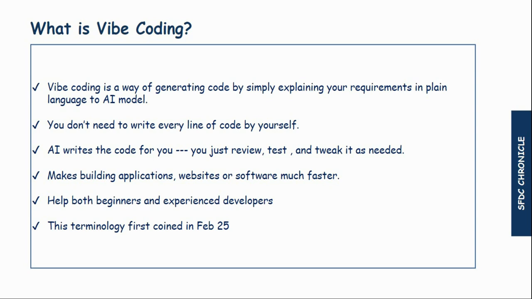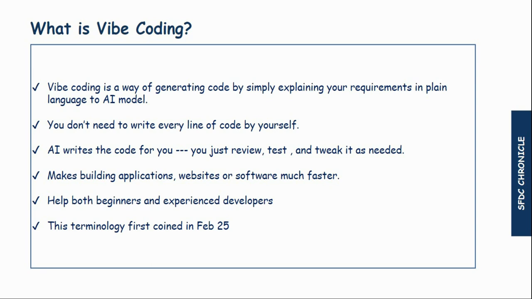Vibe coding is a way of doing coding, that is developing an application or software in different programming languages by simply giving instruction to an AI tool in plain, simple language. The AI then generates the working code for you based upon the instruction that you have provided.